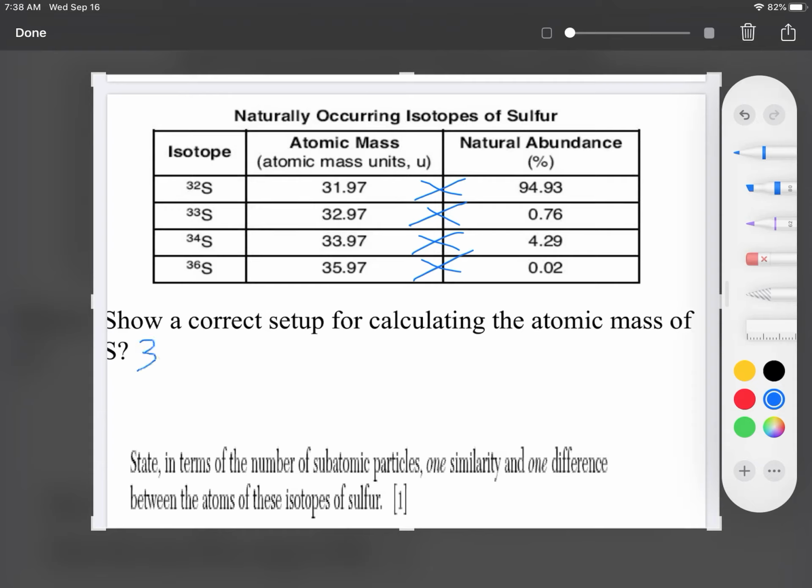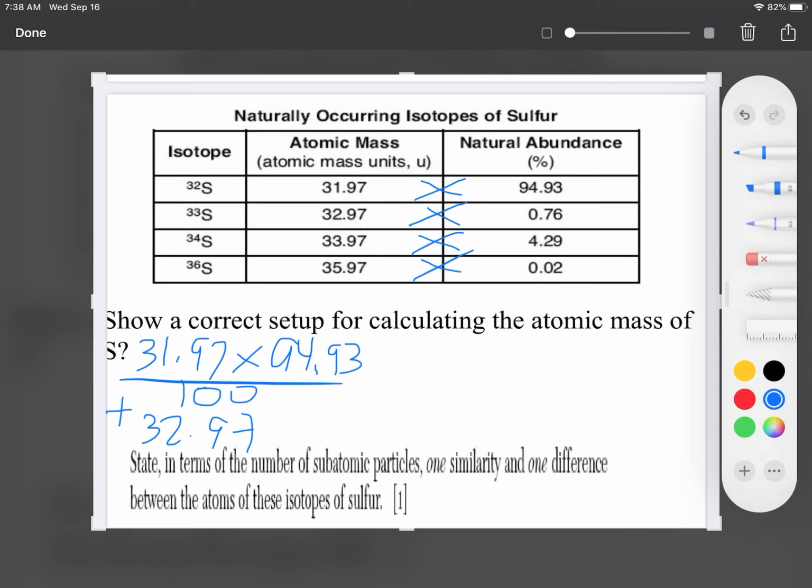Okay, we're back. 31.97 times 94.93 over 100, plus, you must put a plus there, people, 32.97. That's the next one, right? Times 0.76 over 100, plus 33.97.